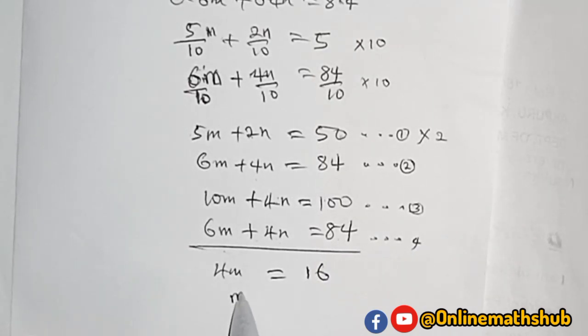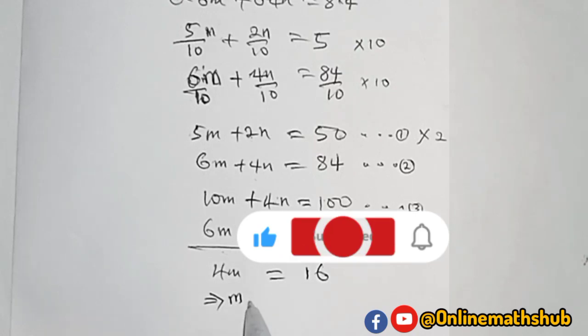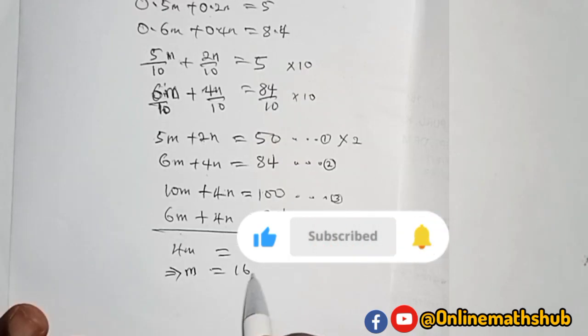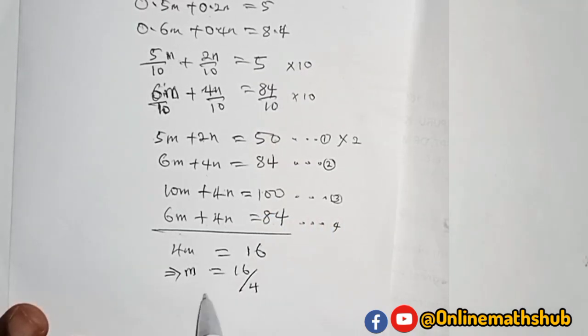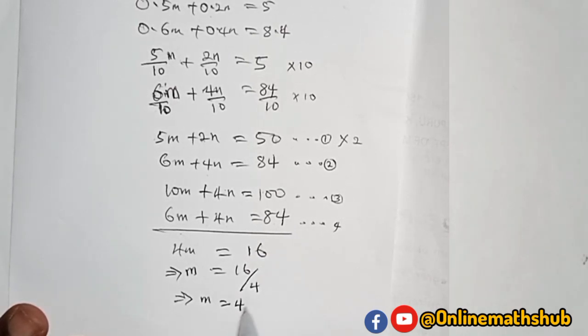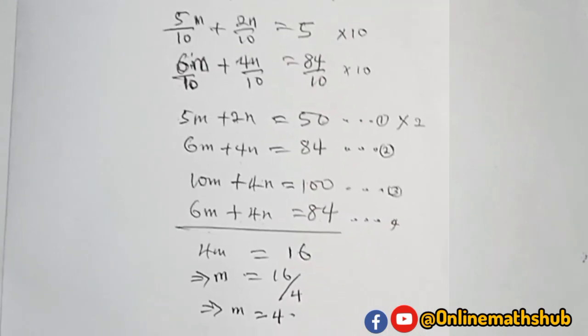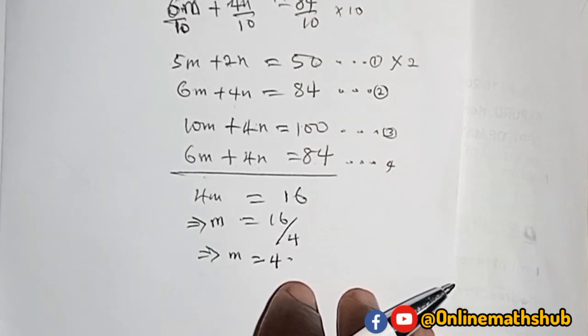From here I have that m is equal to 16 divided by 4, which implies that m is equal to 4. So I've gotten m to be equal to 4.